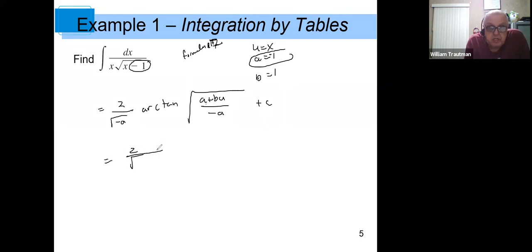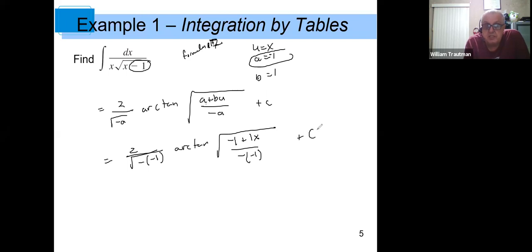2 over the square root of negative A, and A is negative 1. Arctangent, square root of negative 1 plus B, which is 1, U is X, all over negative A, A is negative, oh, sorry, there's a negative there, and then we put the A, negative 1. Then plus C. So this becomes positive, so I end up with 2 square root of 1.